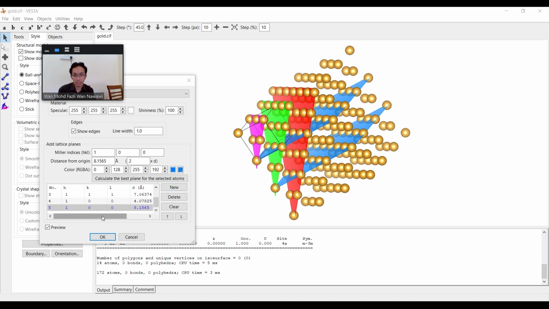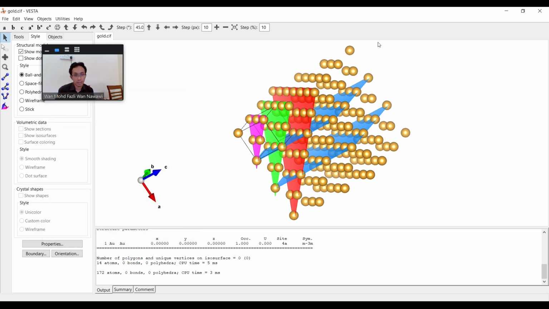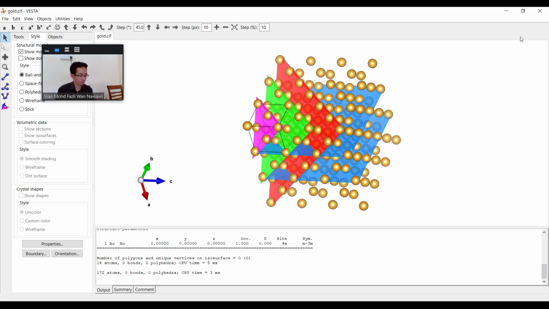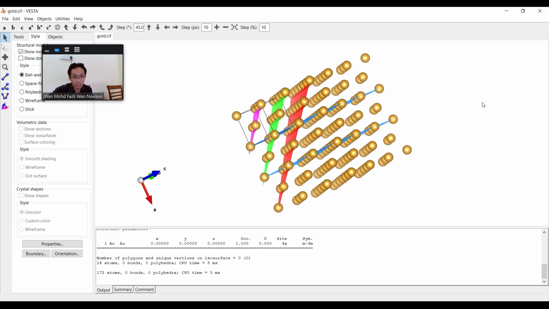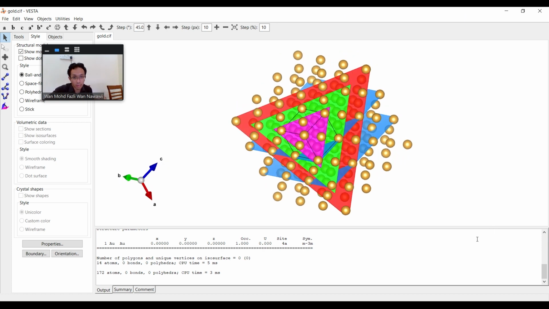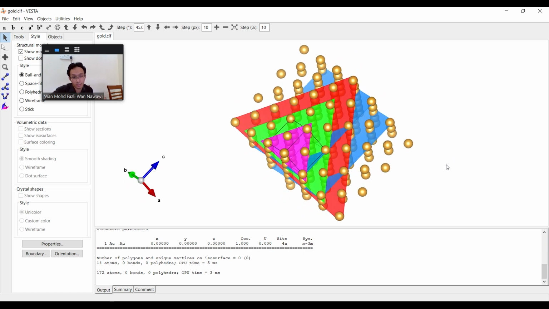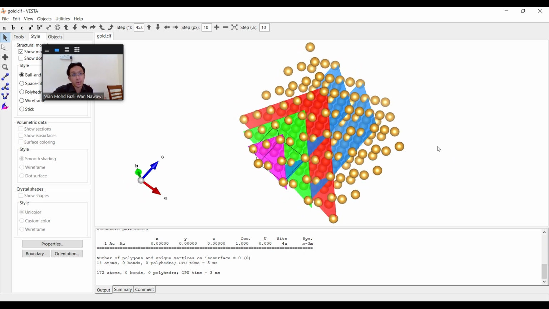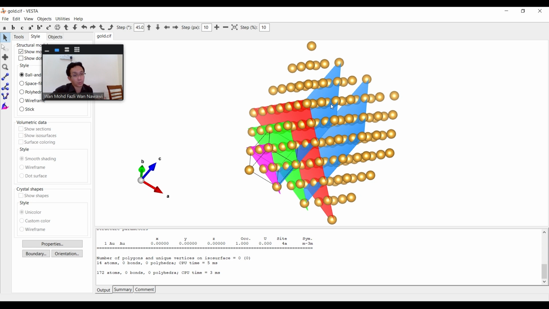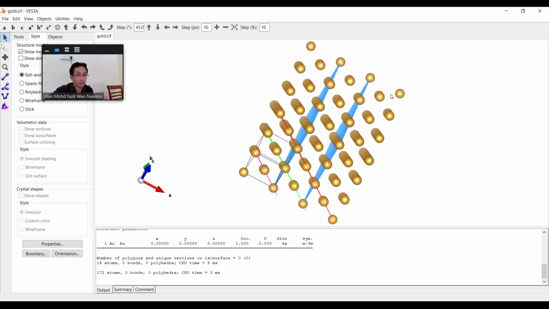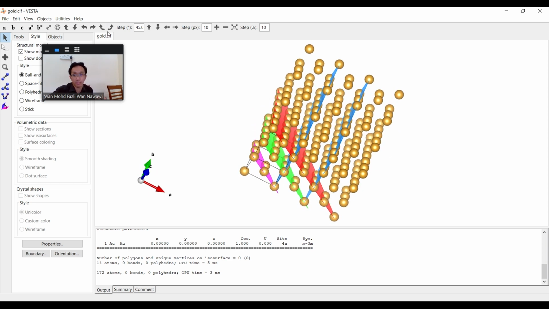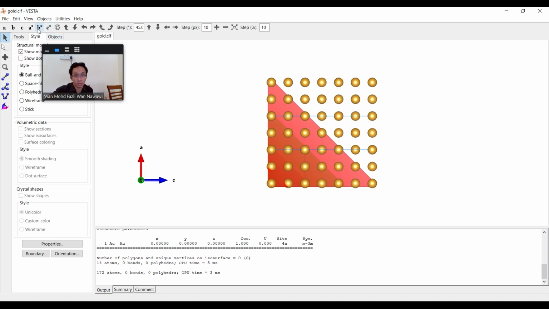If you look at this image, the one in the triangle, I use different hand, so it's difficult. If you look here, the triangle plane is 111, but the plane in blue is 100. This is 111.